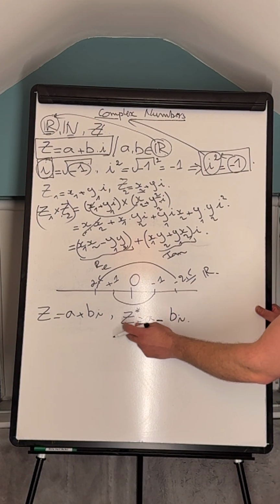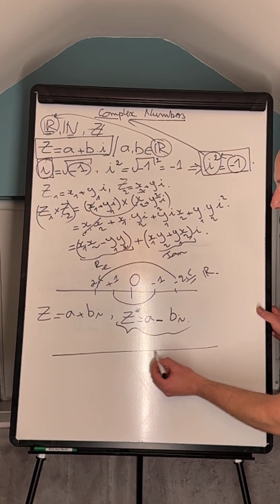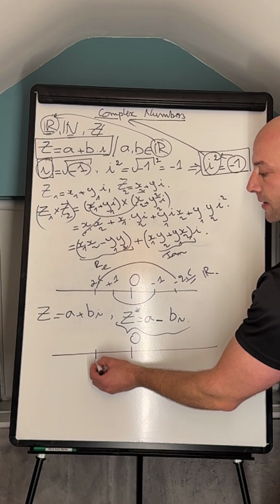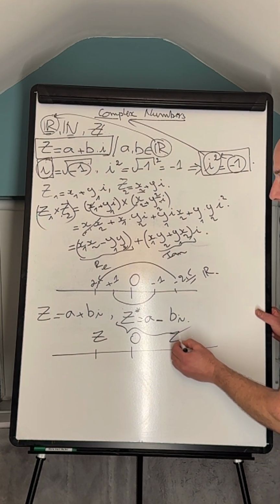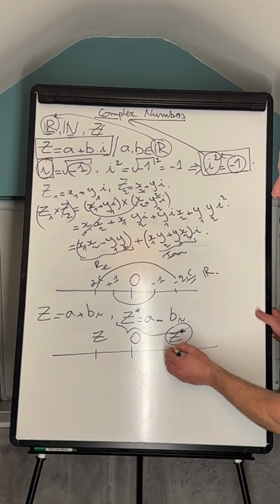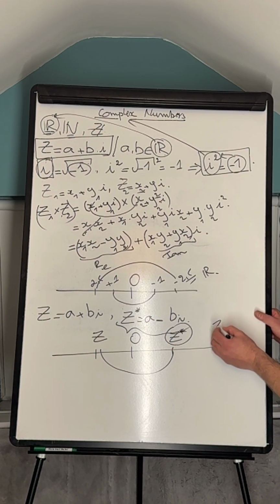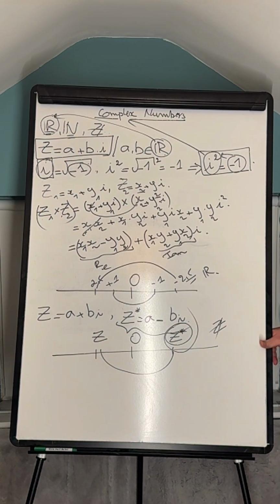This is the conjugate number. On the graph, from 0 we've got here z, and here we've got z star. This is the conjugate number, or the opposite number. It's exactly the same as in a real number, but here it's a complex number.